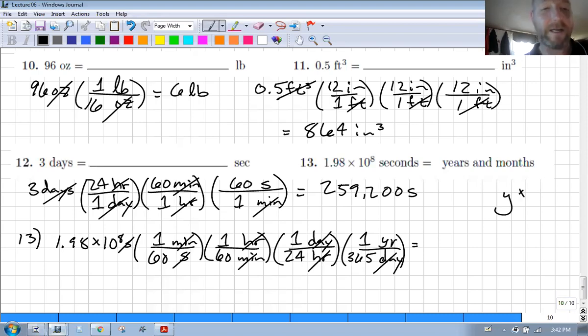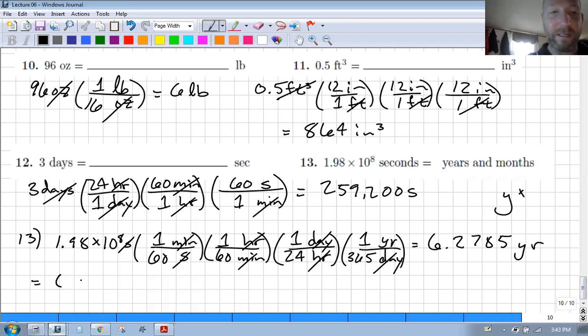That's 198 million right there. So now I'll divide by 60, divide by 60, divide by 24, divide by 365. 6.2785 years.